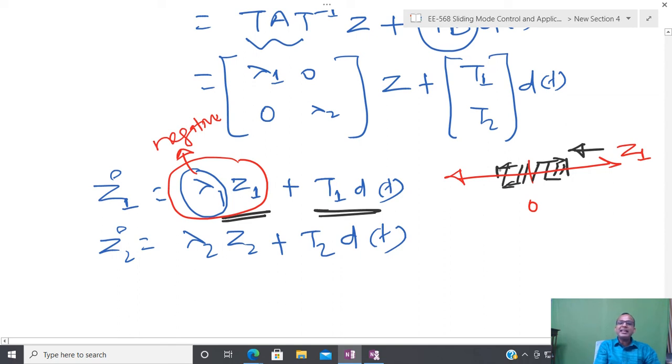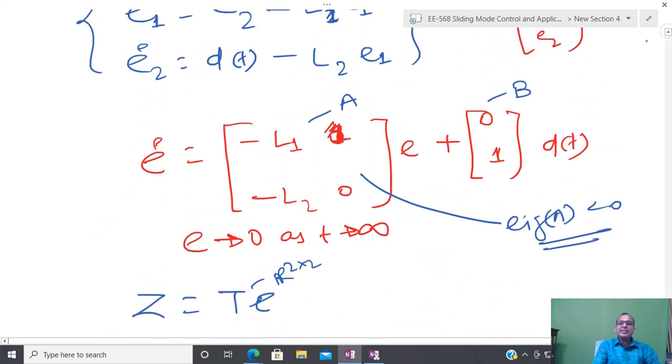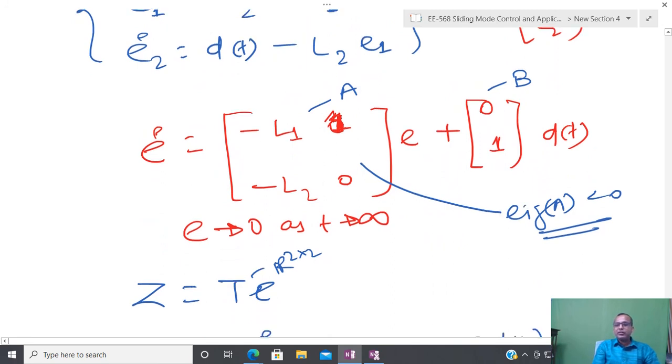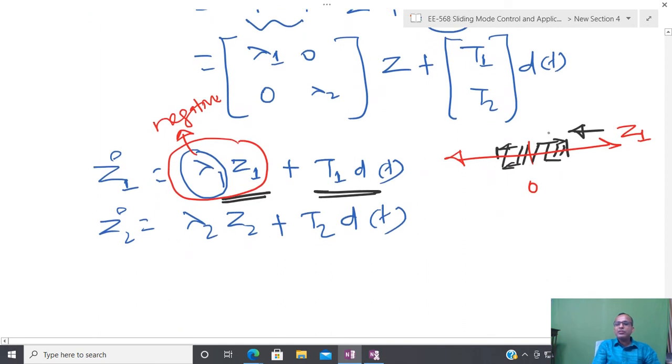It means that again I cannot claim that Z1 and Z2 are exactly equal to 0, so E1 and E2 are not exactly 0. But at least I can say that the error variable converges to some compact set, meaning a closed and bounded set. Why? Because once I am here, I cannot leave this set, so the error dynamics converge to this set and remain there.